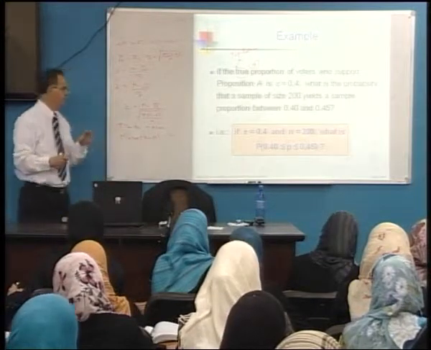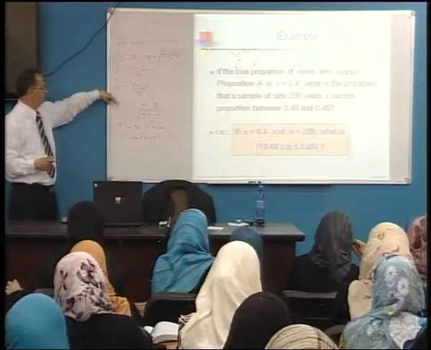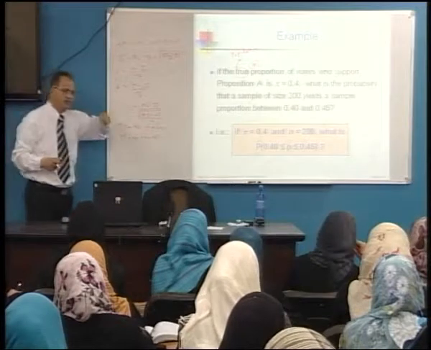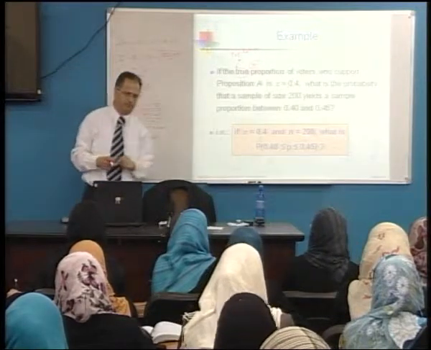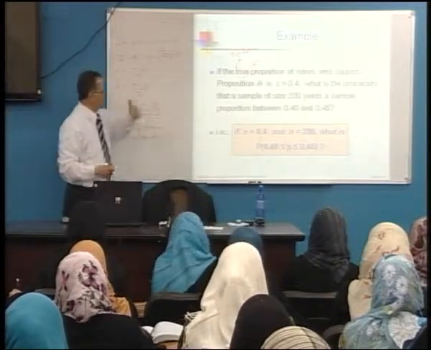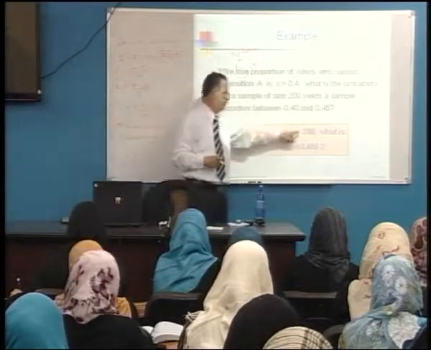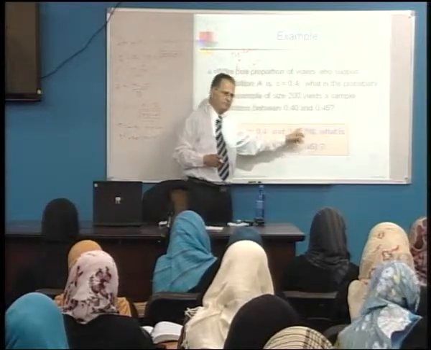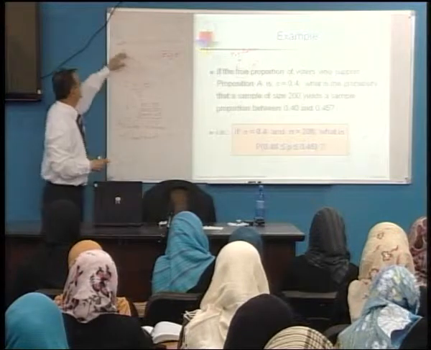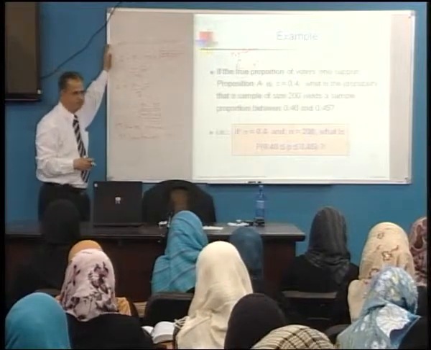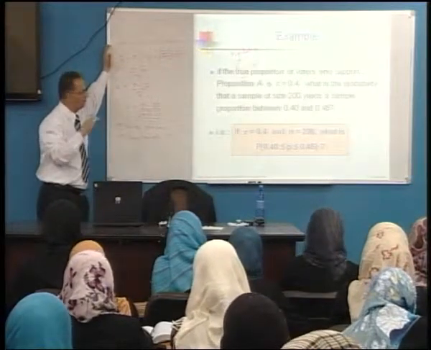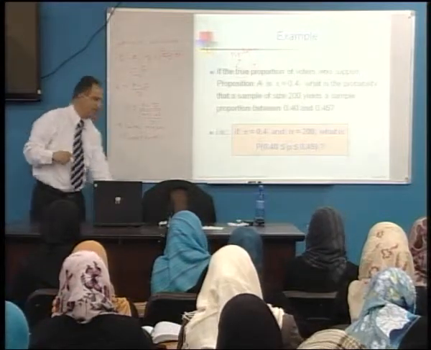Now, in order to use the z-score, you have to check the two assumptions. But since n is large enough, n is 200, for sure the two conditions most of the time are satisfied. But you have to check in order to apply the z-score.